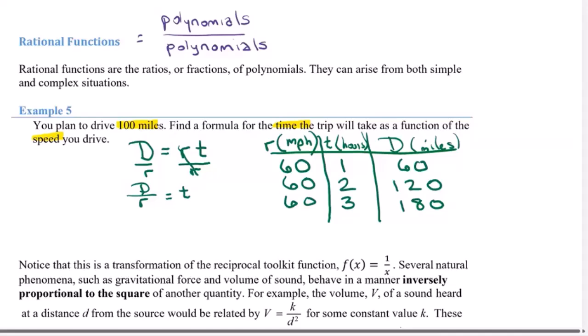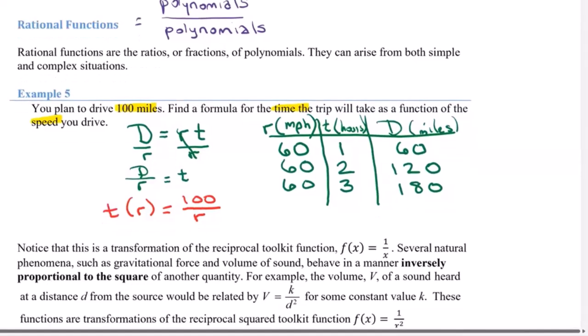So I want t as a function of speed, which is our rate. That equals d, which I know already is 100, divided by r. So I found a formula for the time a trip will take as a function of the speed you drive.